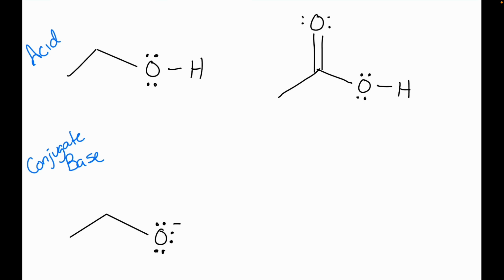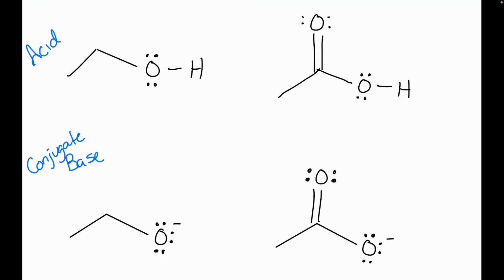It's been deprotonated, it's lost a proton. And now I'm going to look at the conjugate base of my other molecule. Okay? And so, again, we're going to ask ourselves, which one is more stable?